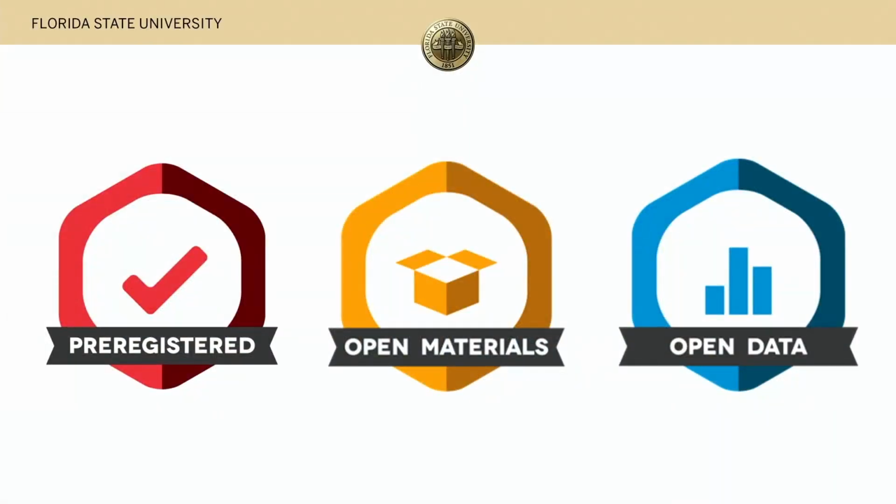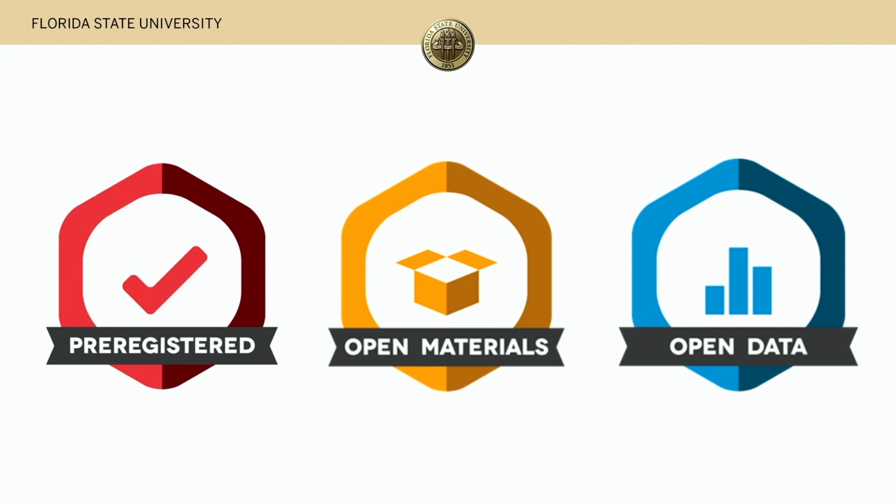So in comes the Open Science Framework and open science in general. These are 3 badges that are used. You all are probably familiar with this and may have seen these. They stand for these three principles and approaches to try to move beyond some of these threats to the enterprise of science.